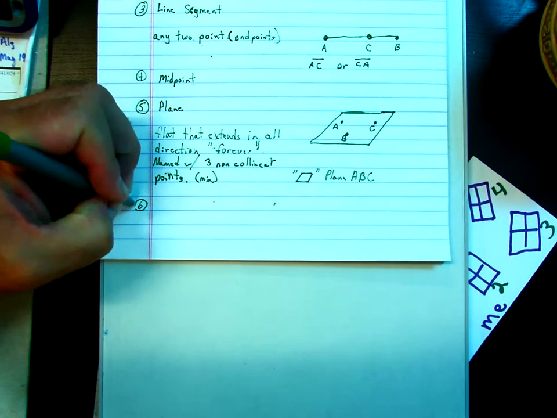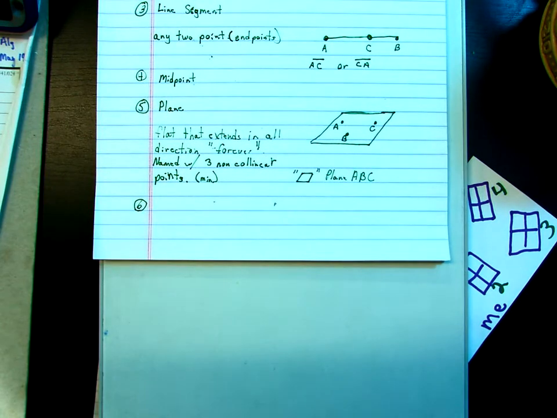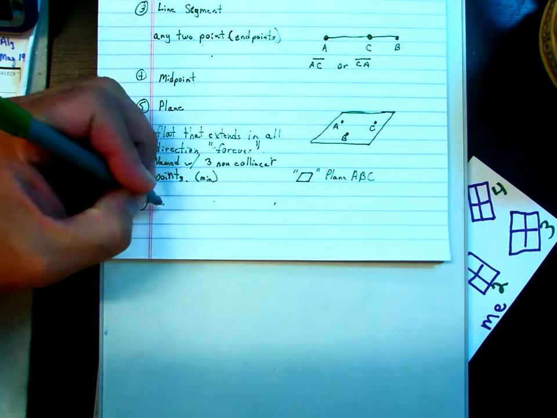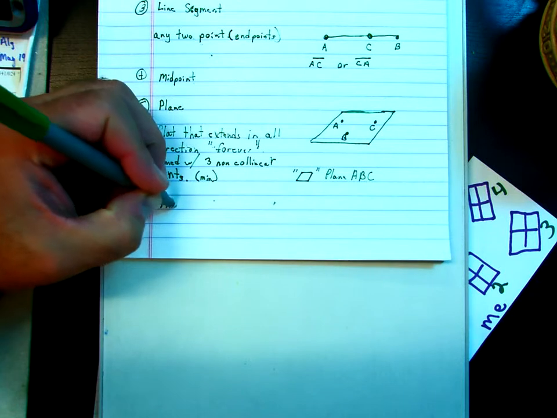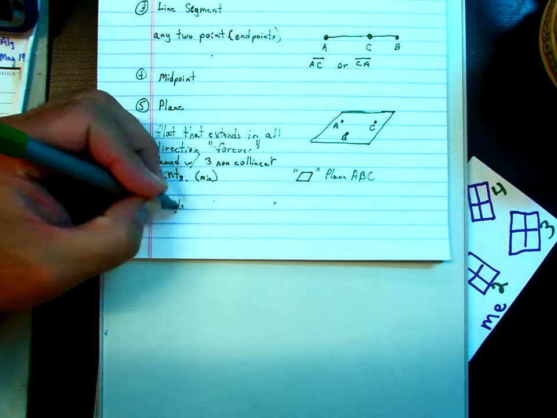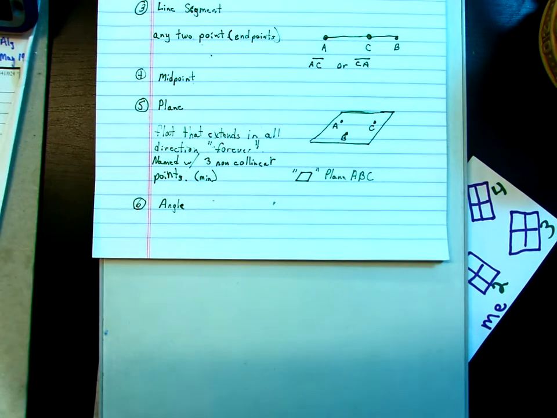Okay, 6. 6 is an angle. Now, when you were little, angles are the same things as the corners. Yes. An angle is the corner. A corner is an angle. They are synonymous.